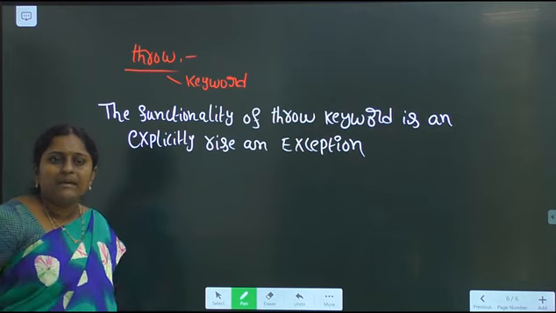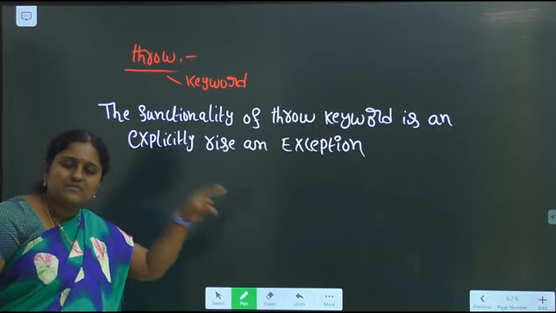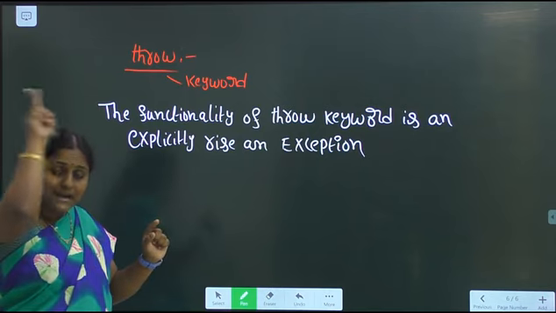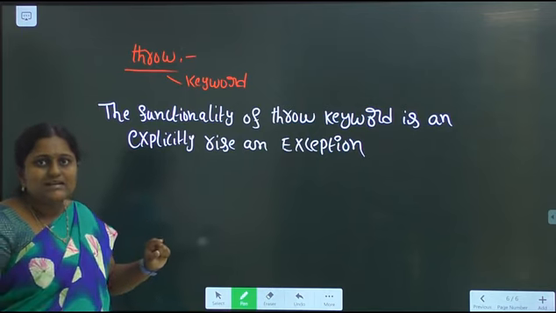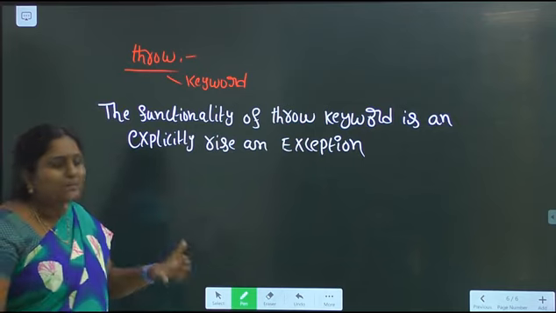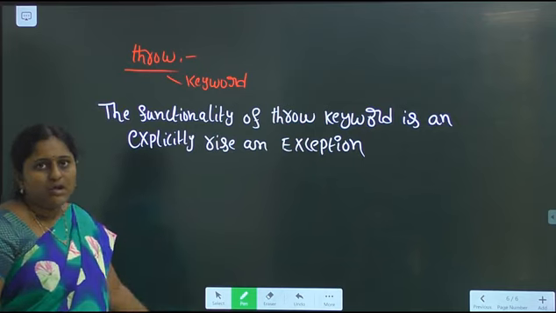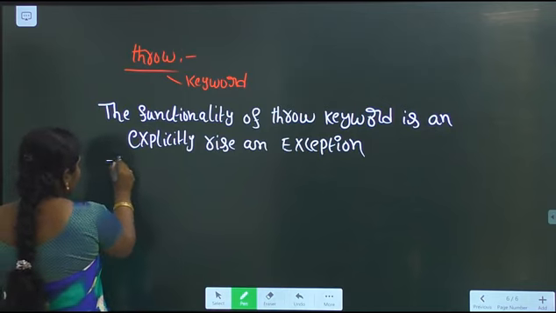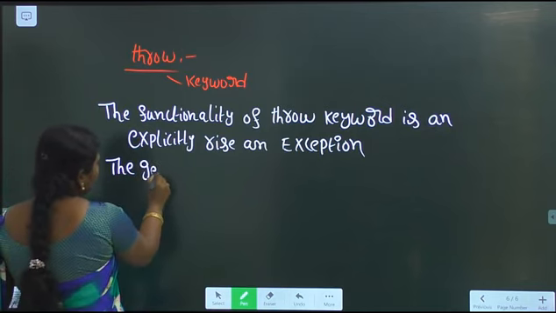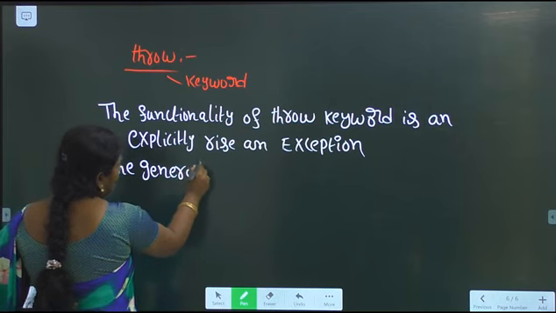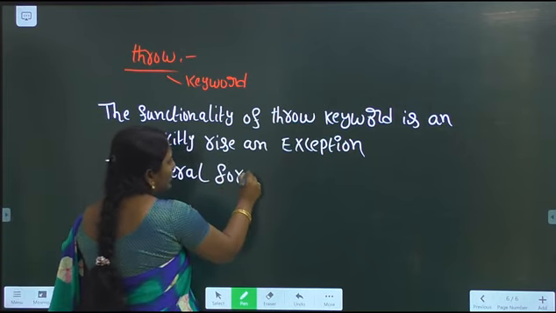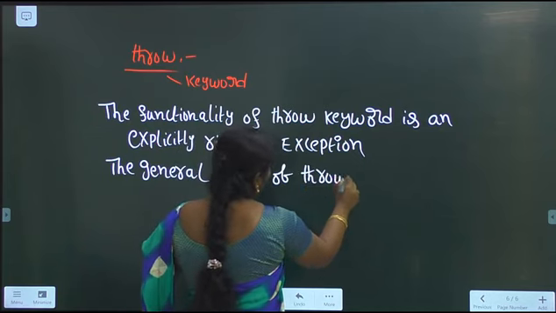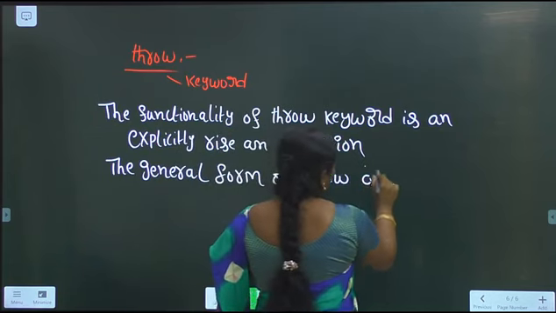Actually, in our programming, if an exception occurs, it will transfer to the catch block. So whatever is done by the JVM in our programming, the same could also be done by using the throw keyword. So the general form of the throw keyword is as follows.